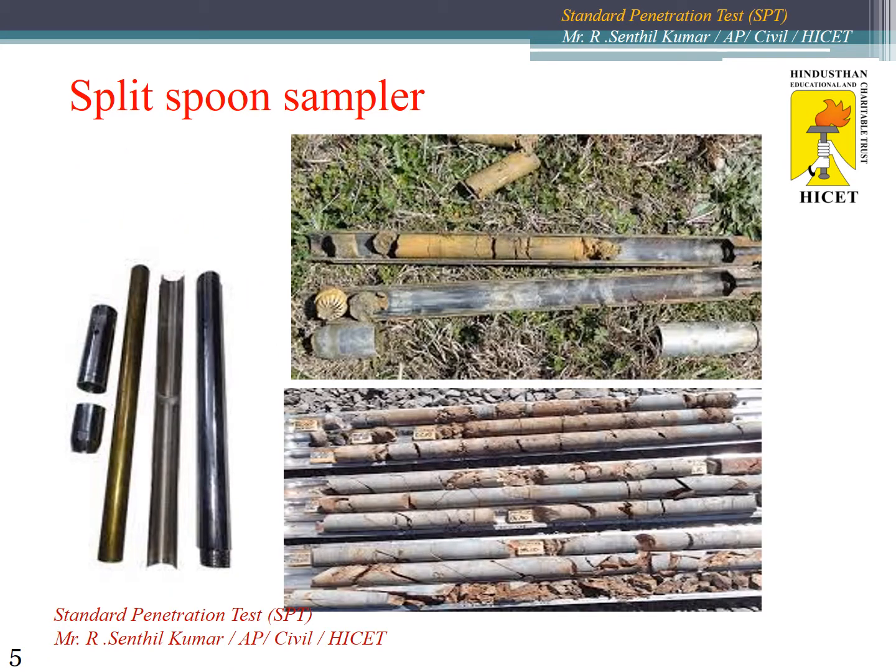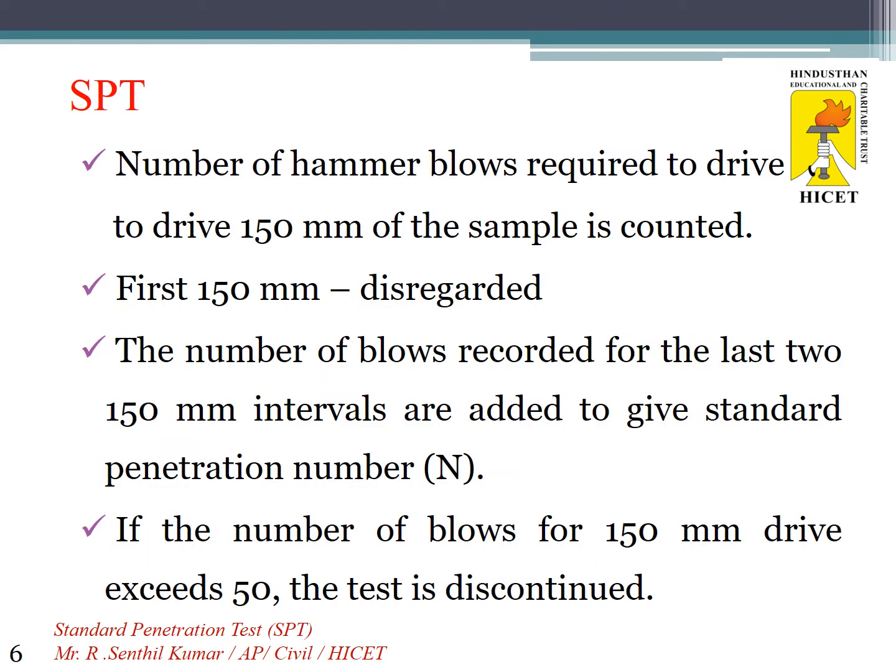This image shows the split spoon sampler, how the soil sample is collected into the steel tube, and how the split spoon sampler can be split into two parts in the longitudinal direction. The number of blows required to drive 150 mm of sample is counted.